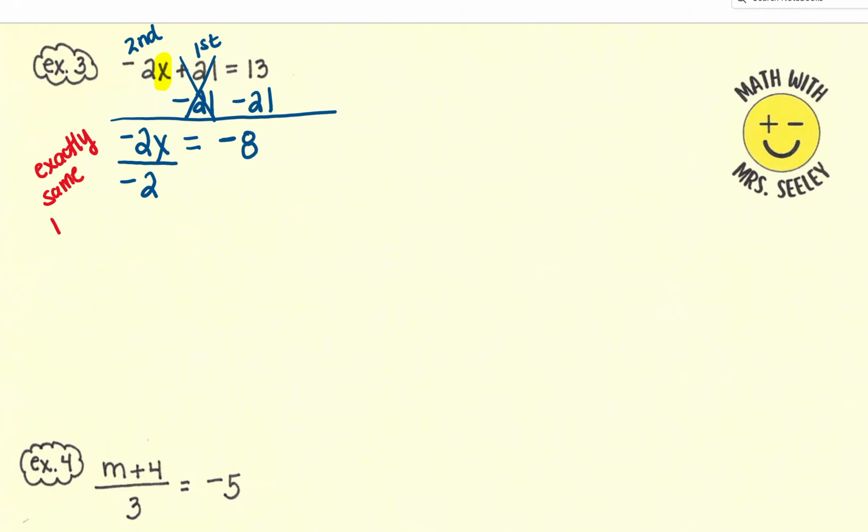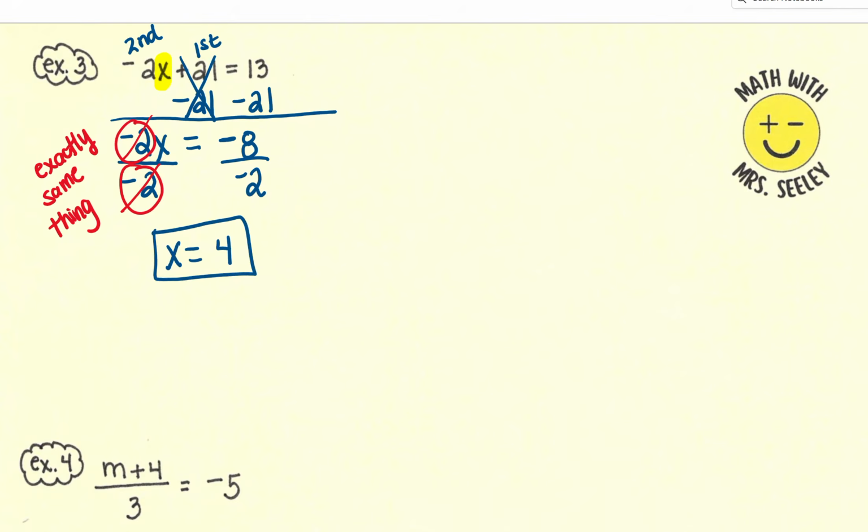Exactly the same thing. So if this is a negative 2, you have to divide both sides by a negative 2. That's the only way for them to cancel. So then over here, I have a negative divided by a negative, which is positive 4, and it does check.